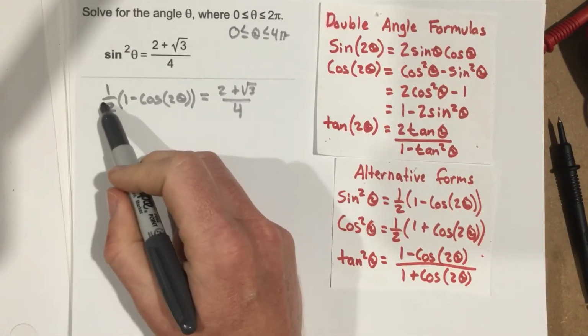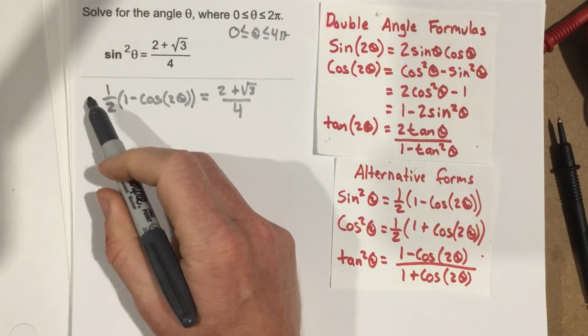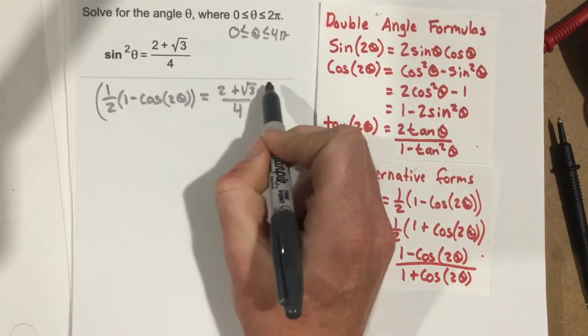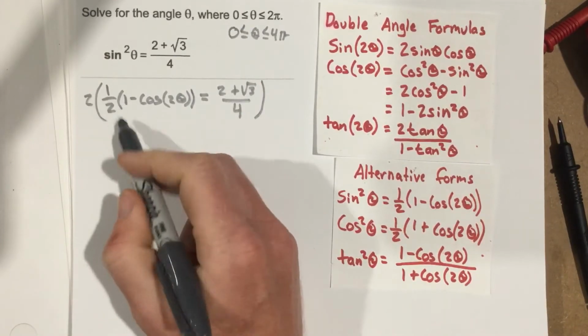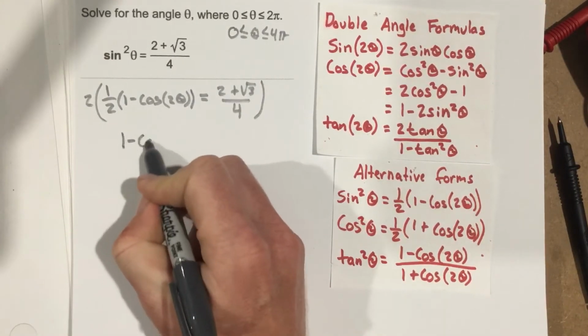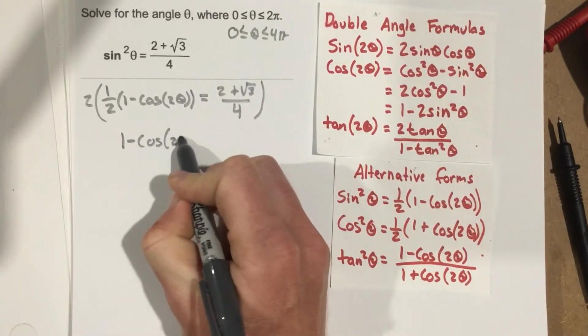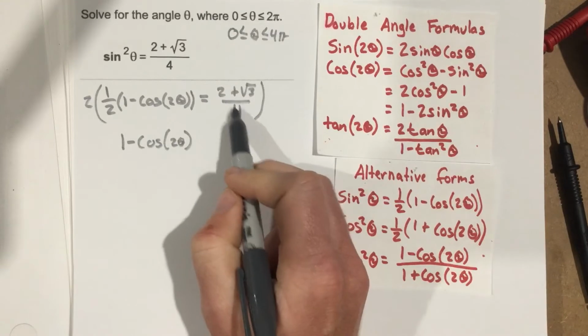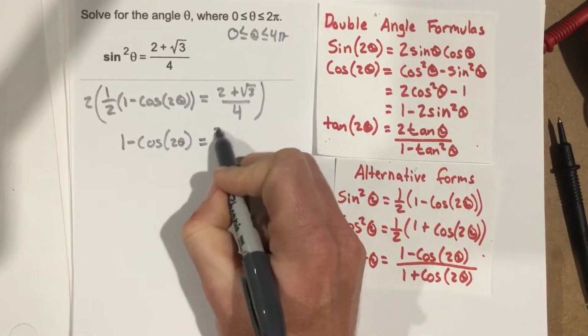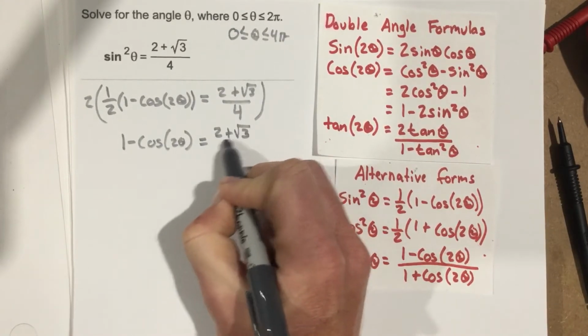I'm going to cancel the 1/2 by multiplying each side by 2. So everything's going to get multiplied by 2, but that means that this just cancels here, leaving you with 1 minus cosine 2 theta. And when you multiply this side by 2, the 4 cancels, we're left with (2 plus root 3) over 2.